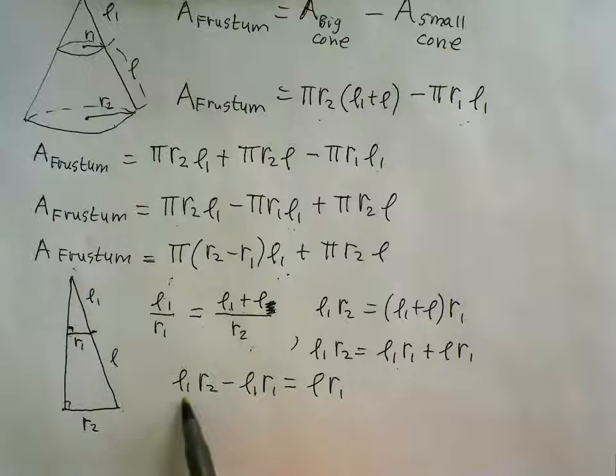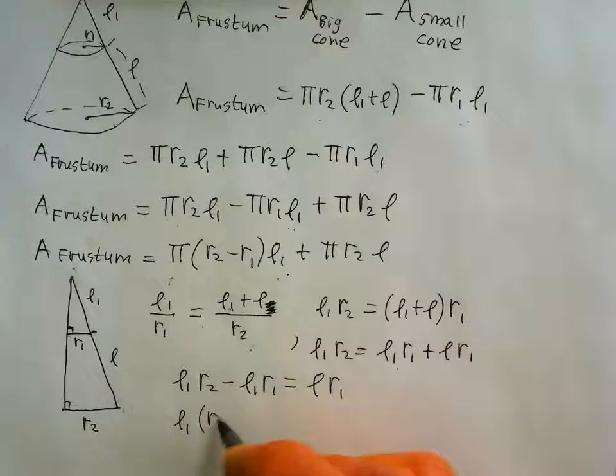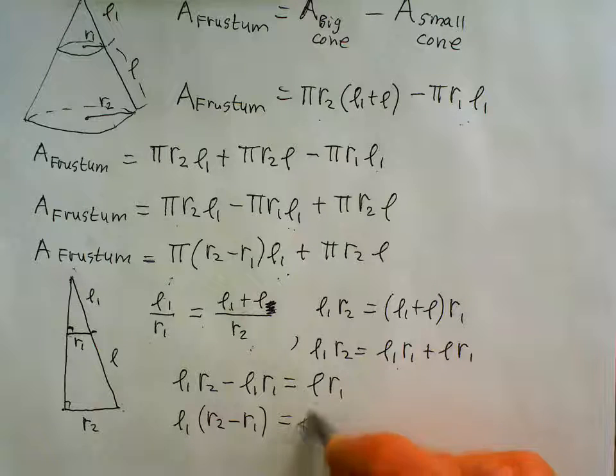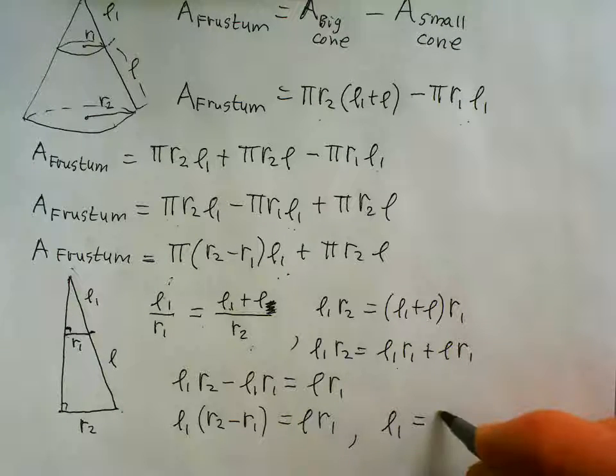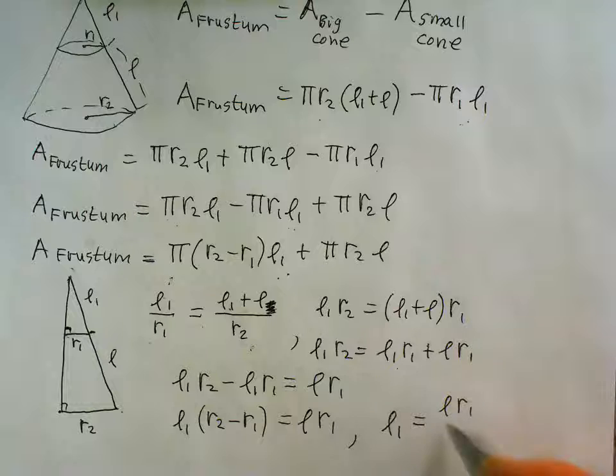Then factor L sub 1 out. We get L sub 1 times the quantity R2 minus R1 equals L times R sub 1. And finally, L sub 1 is equal to L times R sub 1 divided by R sub 2 minus R sub 1.